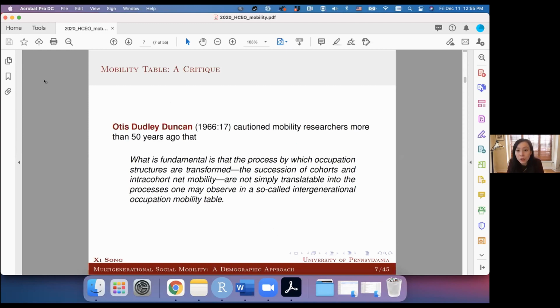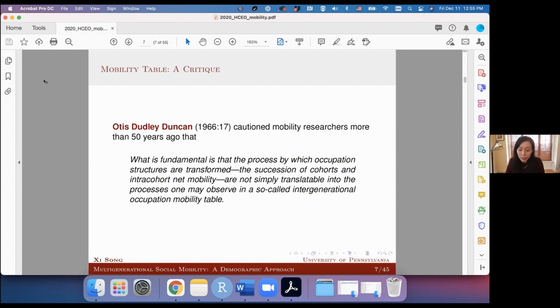He cautioned mobility researchers that what is fundamental is the process by which occupation structures are transformed, namely the succession of cohorts and the intra-cohort net mobility are not simply translatable into the process one may observe in a so-called intergenerational occupational mobility table.